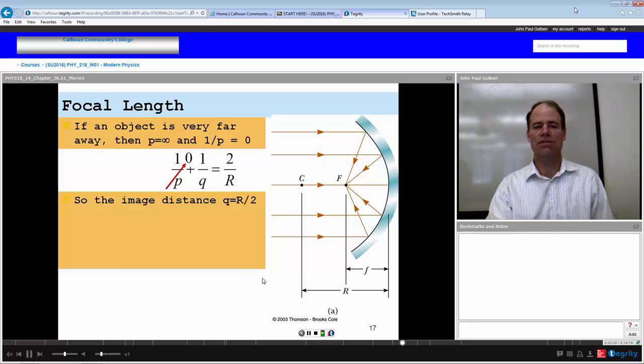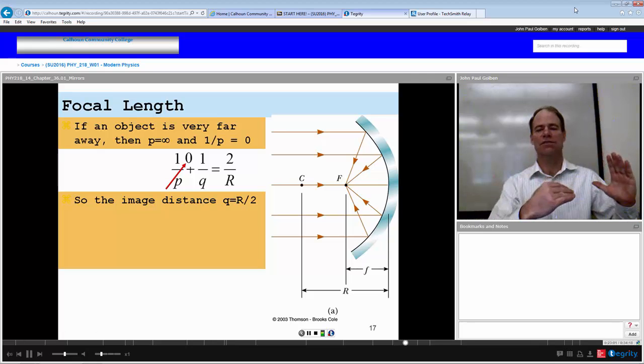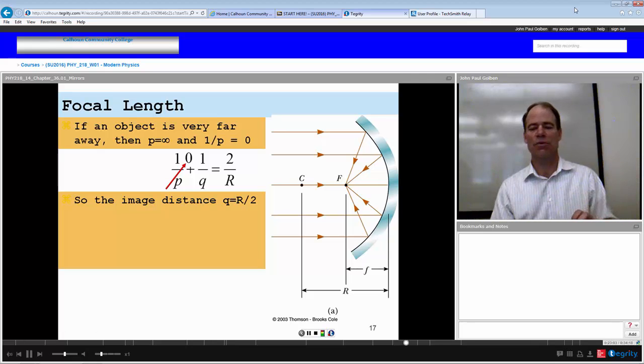So the image distance would be equal to the radius of curvature divided by 2, which means that anything infinitely far away, hence having parallel rays coming into this mirror, are going to converge at a point that is half the distance of the radius of the mirror to the center of curvature.